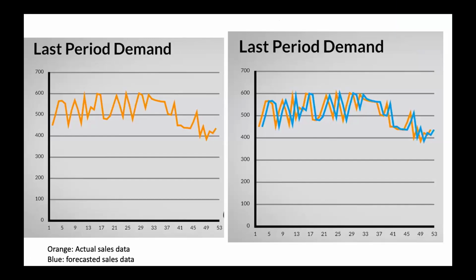Yes, it's an effective method because the forecast chart is blue, and it aligned properly with the one on the left, the other column.